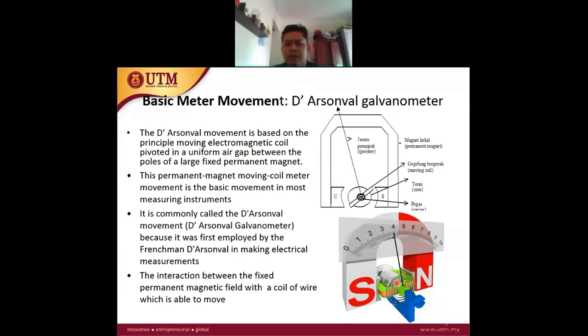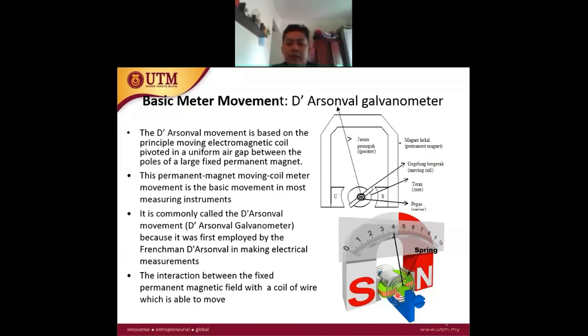It's basically a winding of wire, a long conductor wound on a shape.